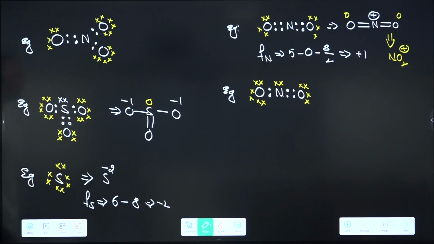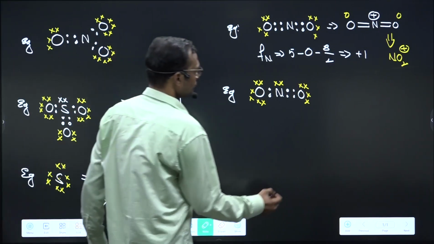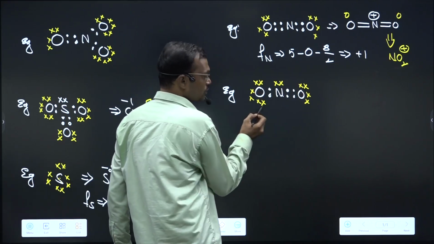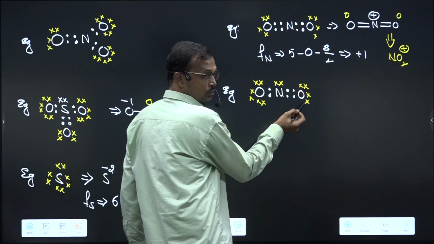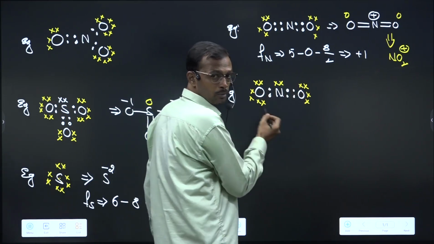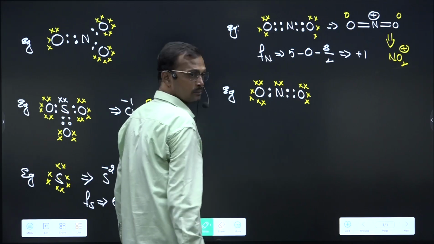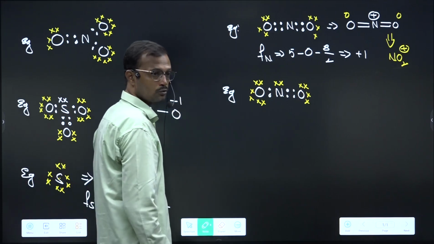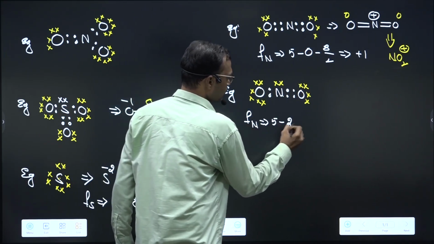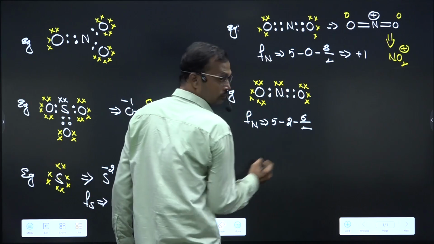Over. What about this? See, how many lone pairs are present on oxygen? 3. Here, when 2 lone pairs are there, 0. When 3 lone pairs are there, minus 1. But what about nitrogen? Is the formal charge 0 or not? See, formal charge of nitrogen: 5 minus 2 minus 6 by 2, or not?